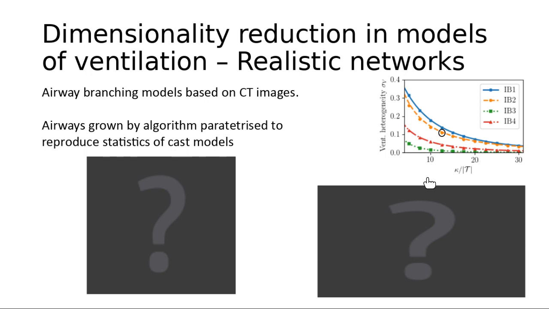We can vary the elasticity of the lung mechanics, and we can make predictions. So the dotted lines and the lines are our predictions from our reduced model using a small selection of the eigenmodes, I think in this case the top 1%, and the dots are the simulations. So you can see that we get good predictions of all our simulations.